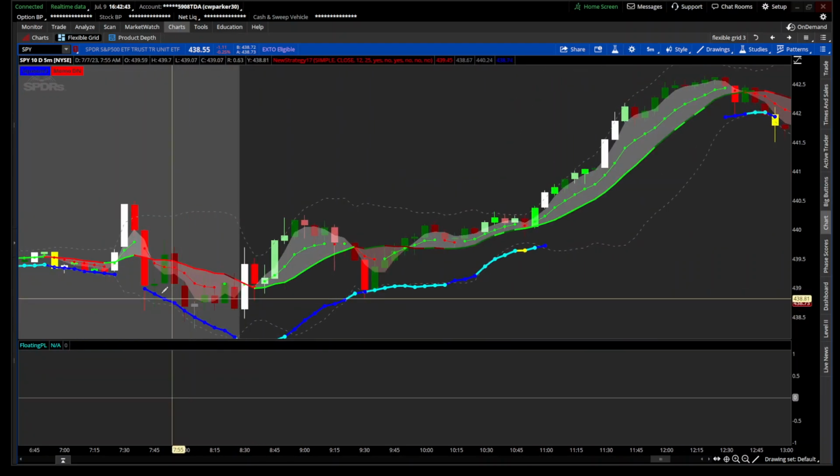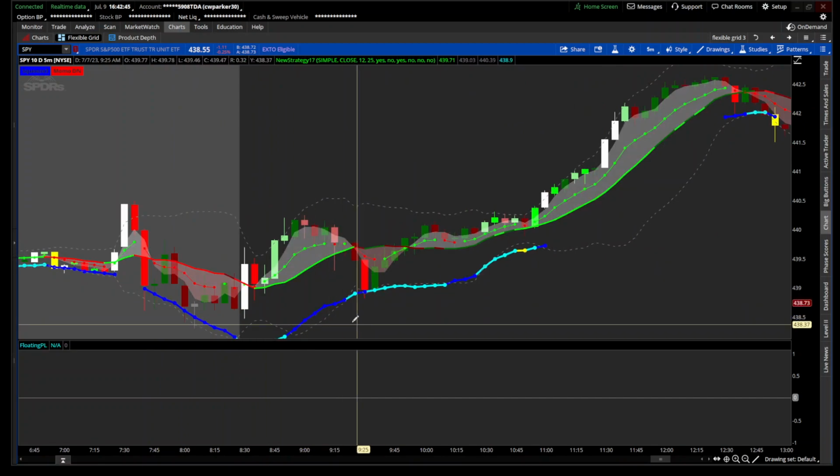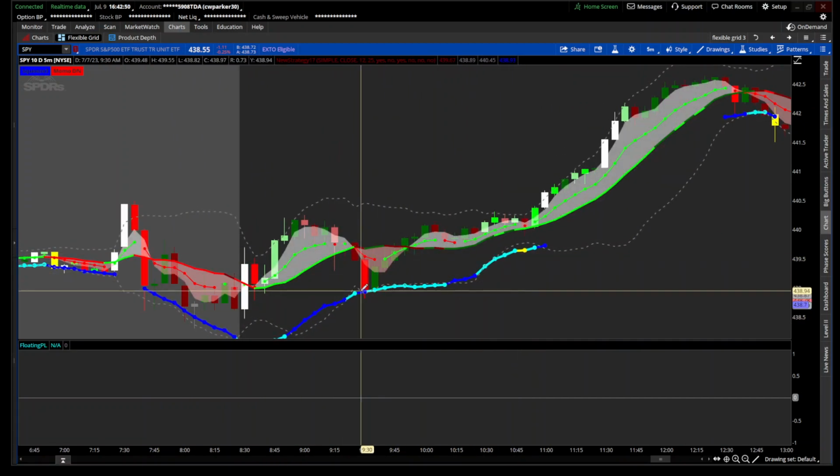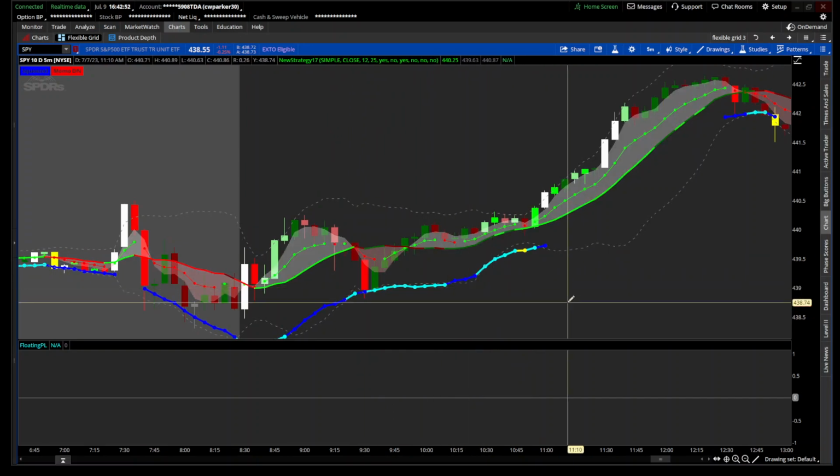And I actually add in the Keltner channels as well. So this actual stream of the squeeze right here is actually the Keltner channel. And if you know about the TTM squeeze, it is based off the Bollinger Band and the Keltner channels. And when the Bollinger Bands are inside the Keltner channels, that's exactly what happens.